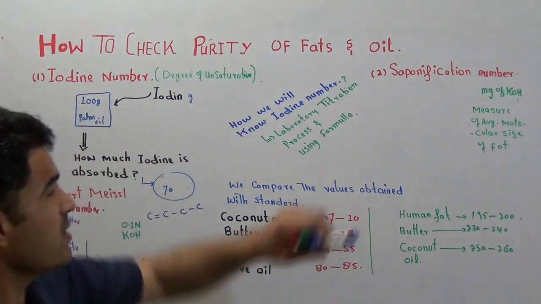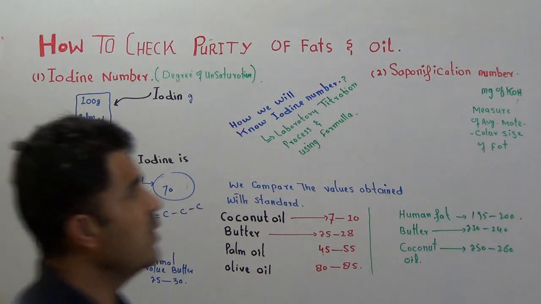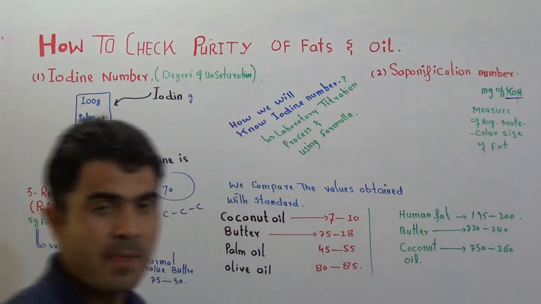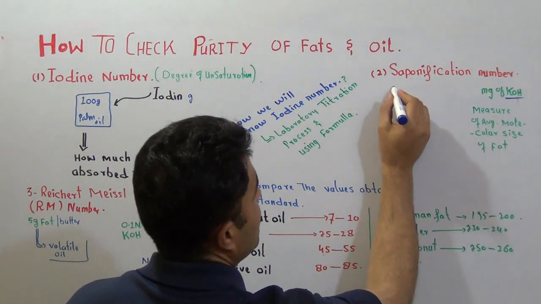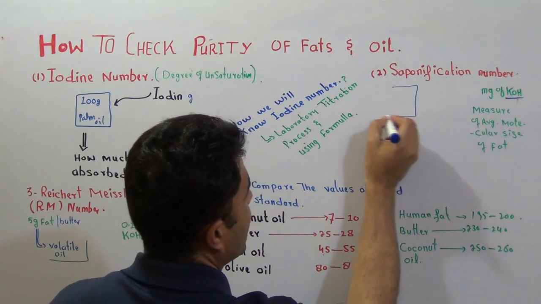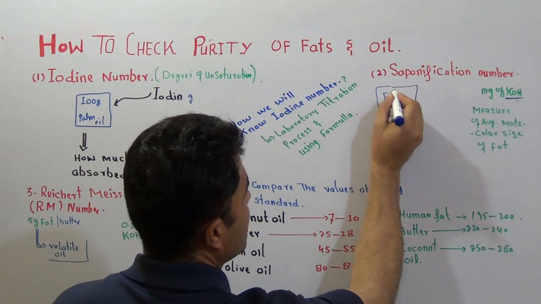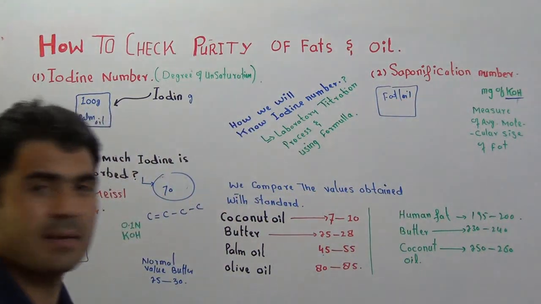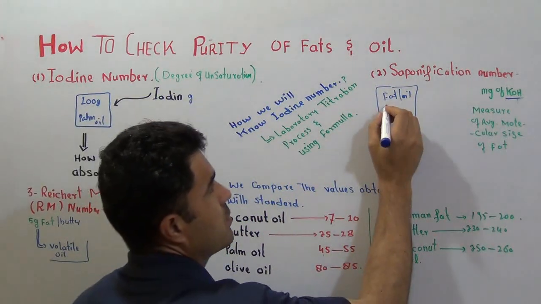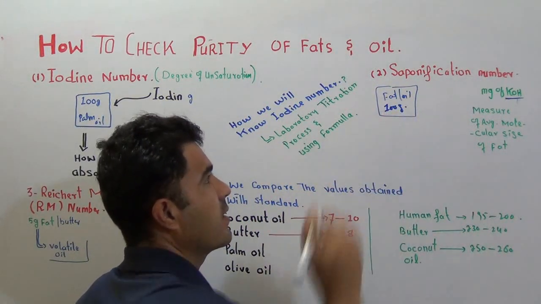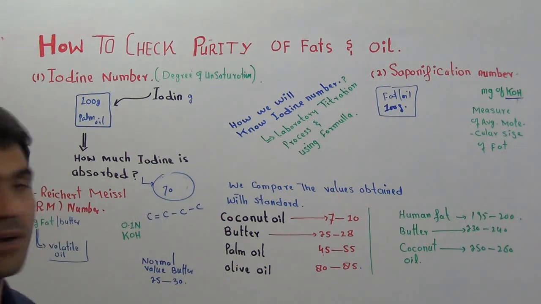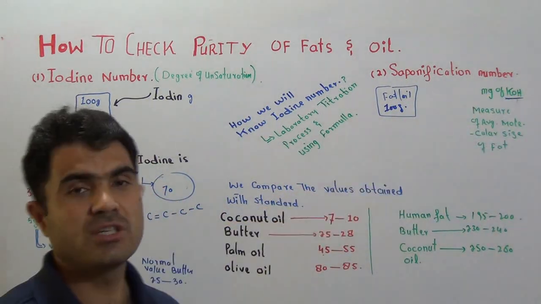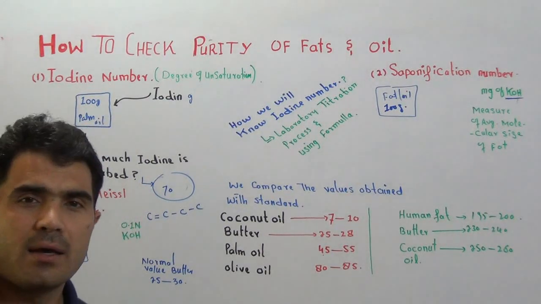In saponification, we react potassium hydroxide with any fat or oil. You again take 100 grams of fat or oil and react it with potassium hydroxide.